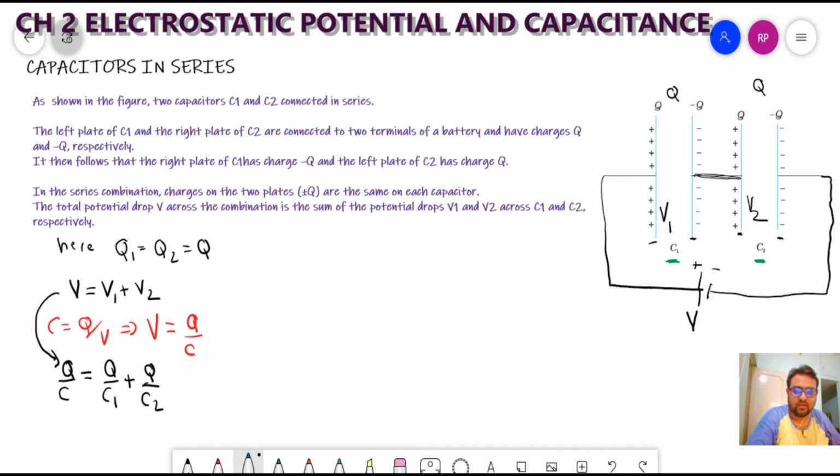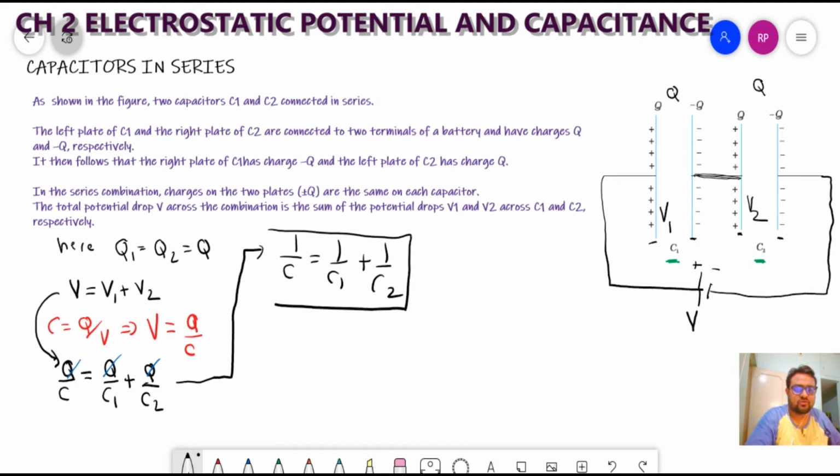So what will happen? Q, Q and Q get cancelled. So that will be 1 by C equal to 1 by C1 plus 1 by C2.